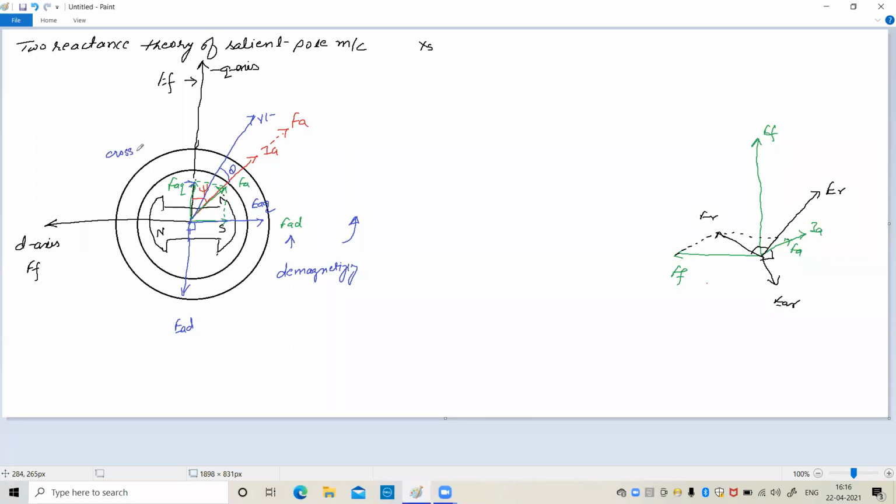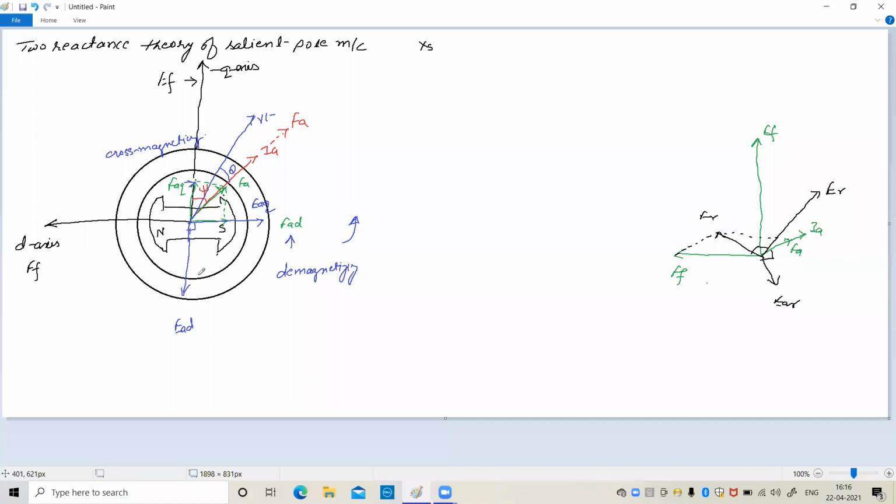So it will produce cross magnetizing effect. Okay. So 2 types of effects are there because of the armature reaction. One is demagnetizing, second is cross magnetizing. Now, as it is an MMF, definitely it is going to produce some EMF which is lagging by 90 degrees.